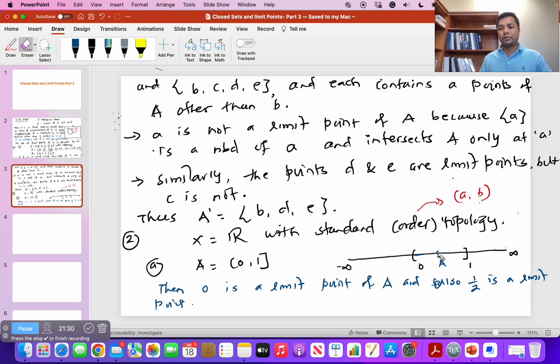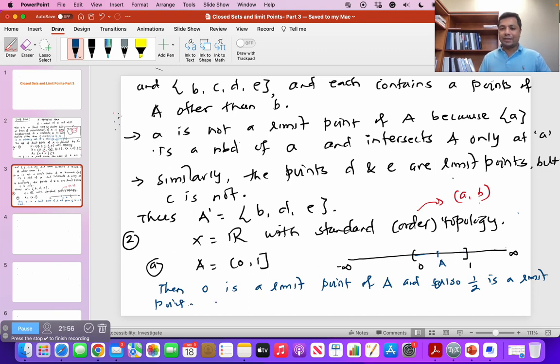No matter which point you pick from this half open interval, a neighborhood of that point will intersect the set A at some point other than that point. So every point of this half open interval is a limit point, and we already know that 0 is a limit point.